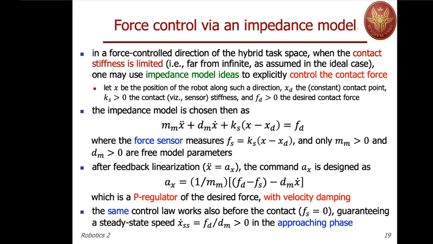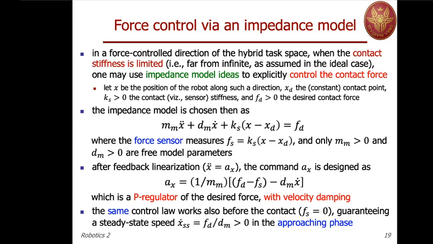And this steady state speed can be computed by zeroing the acceleration x double dot, or the a of x, which is equivalent in that formula. It gives that the steady state speed at which you will approach the surface, after some initial transient, will be proportional to the desired force, but you can reduce it by a suitable damping value Dm large enough.